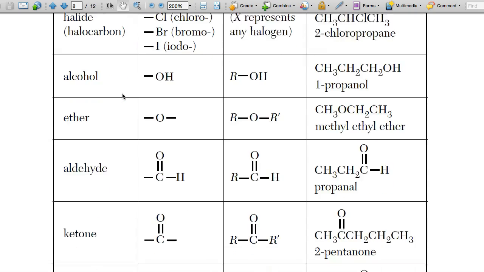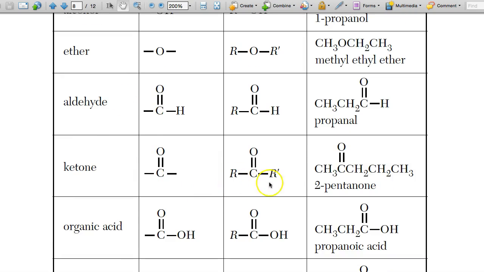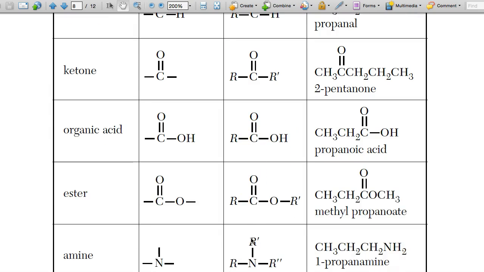So we're looking for a middle group in between R's, and we're looking for a carbon double bonded to an O, to a single bonded O, to the rest of another organic molecule. So when I look carefully, I'm looking for a C double bonded to an O, that is bonded to another organic compound.